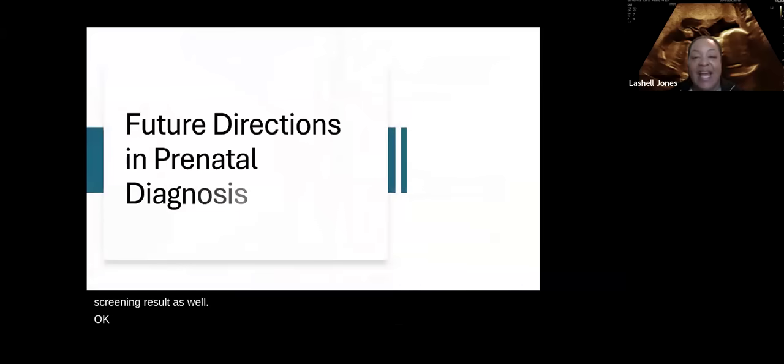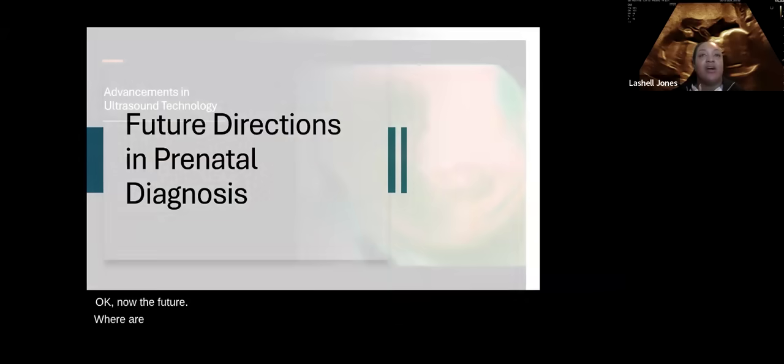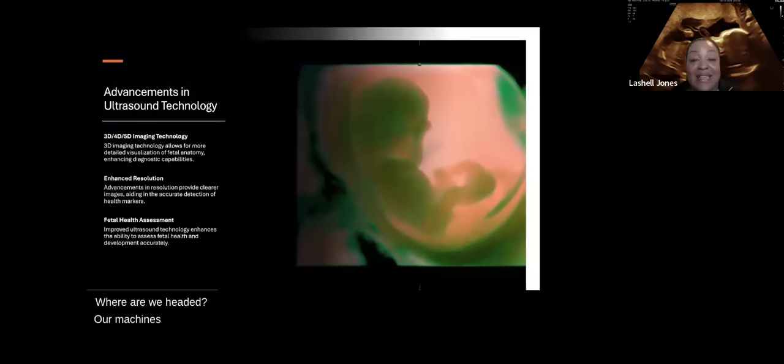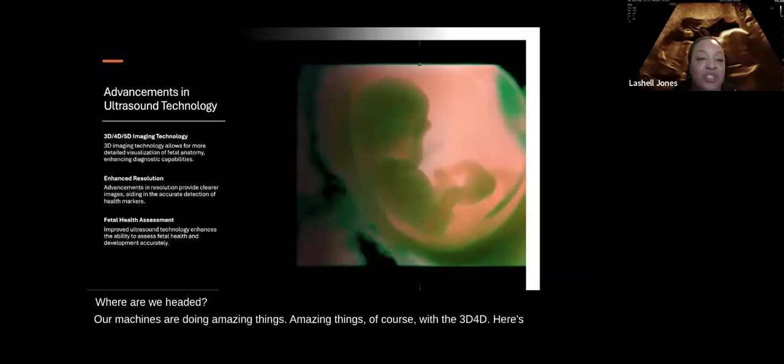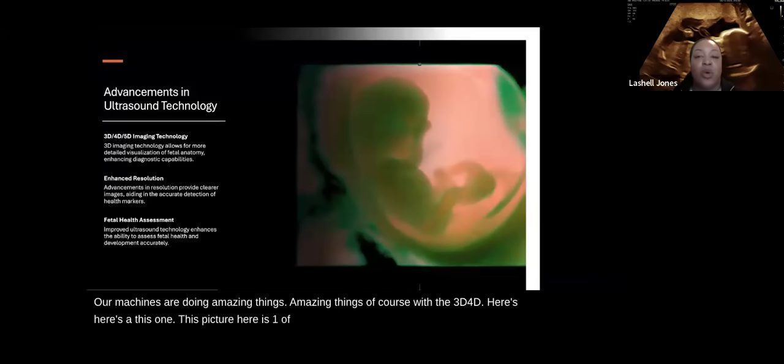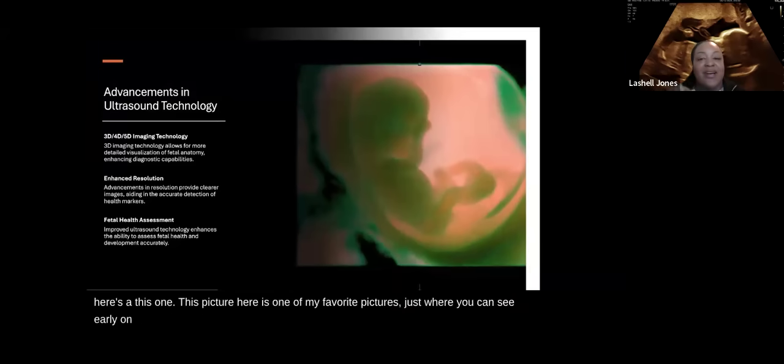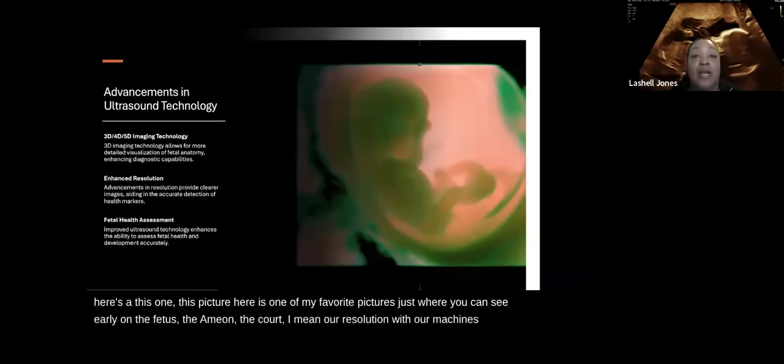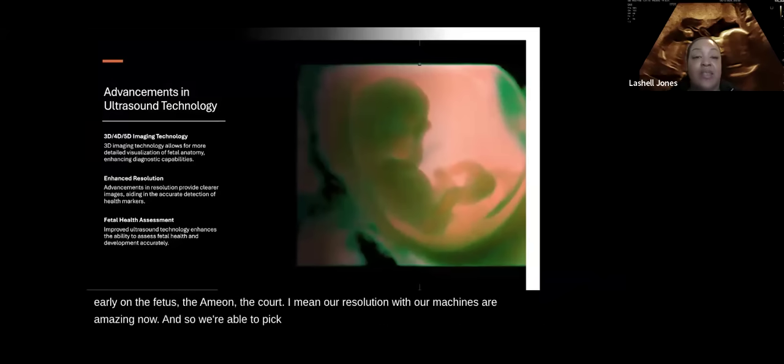Where are we heading? Our machines are doing amazing things. Of course, with the 3D, 4D. This picture here is one of my favorite pictures, where you can see early on the fetus, the amnion, the cord. Our resolution with our machines is amazing now, and so we're able to pick up things that we weren't able to see 10 years ago.